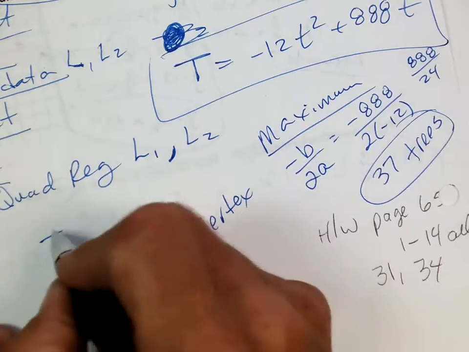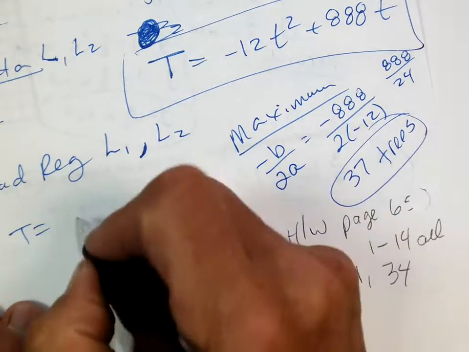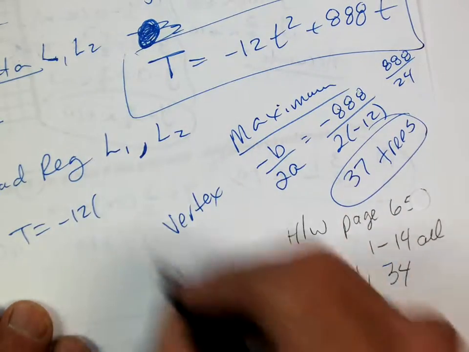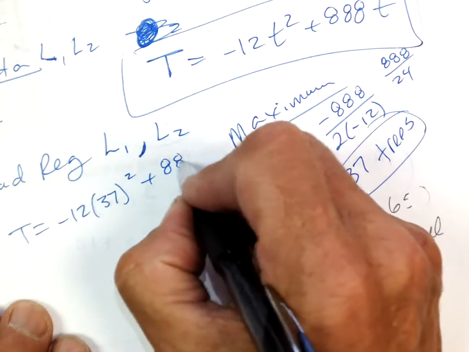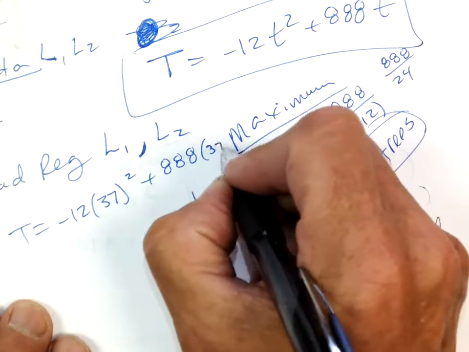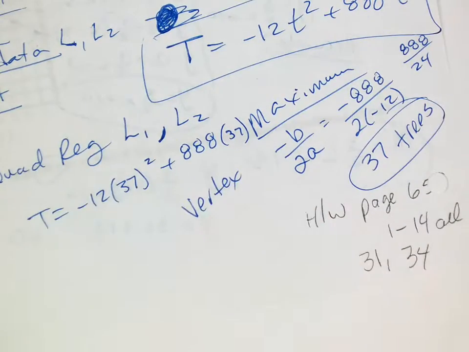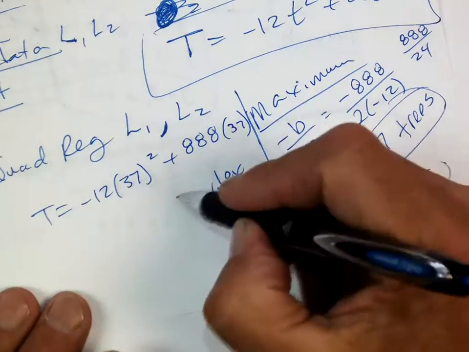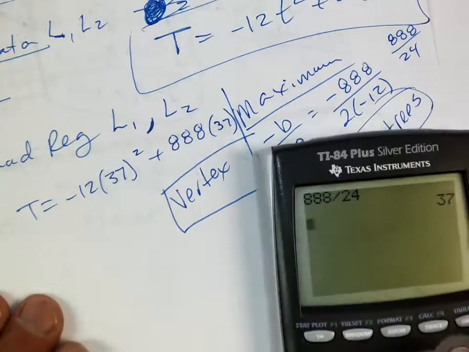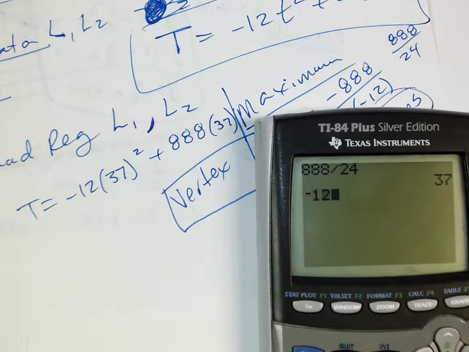You guys said plug it in. So let me plug it in. I'm going to go T equals negative 12 times 37 squared plus 888 times 37. Let's see what our max is. So I use my calculator to find our total: negative 12 times 37 squared plus 888 times 37.